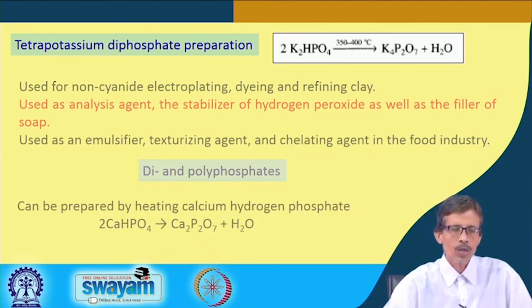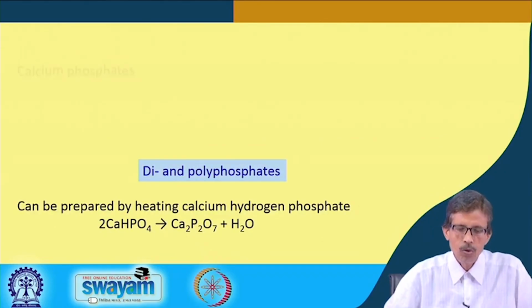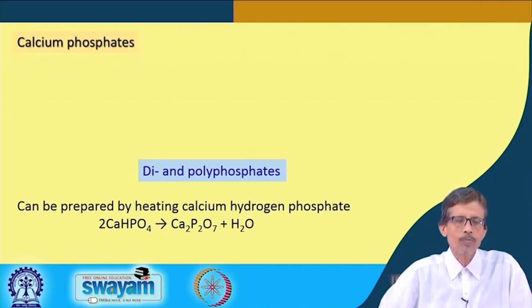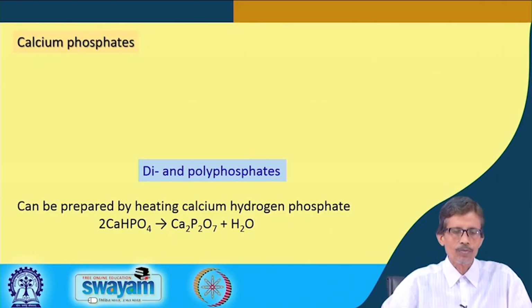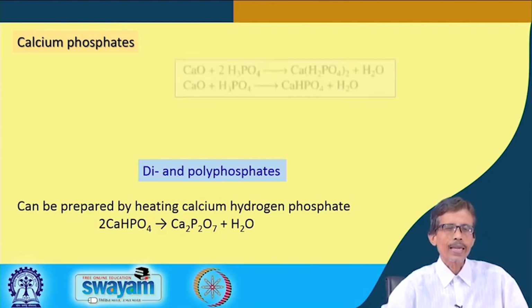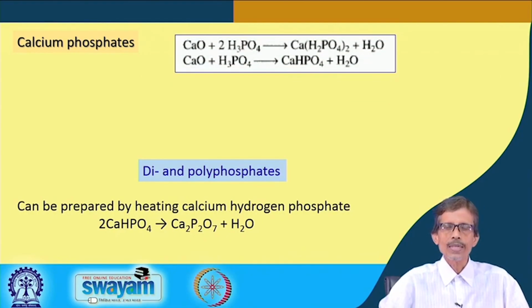for different purposes. So we can also get other salts like the calcium phosphates. How we get these calcium phosphates is also very interesting to know. Getting calcium phosphate is also done in a similar fashion directly from the phosphoric acid. So instead of calcium hydroxide or any other calcium salt, you can use simply calcium oxide, which we get from limestone.